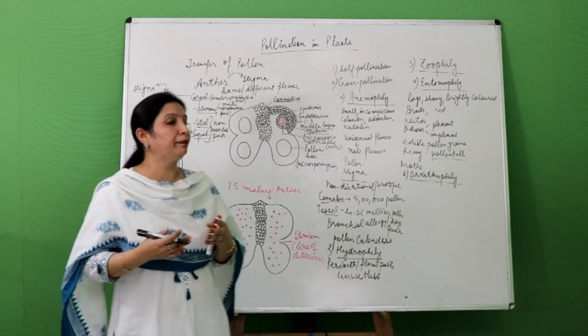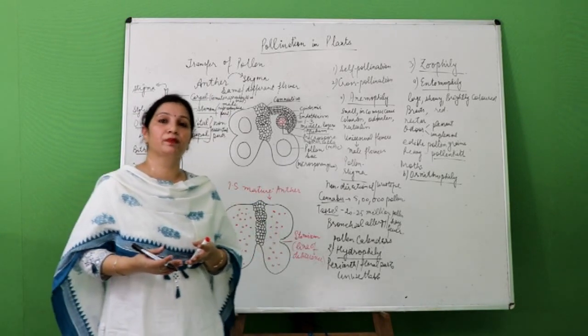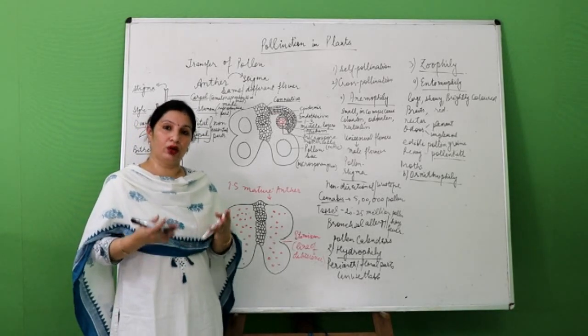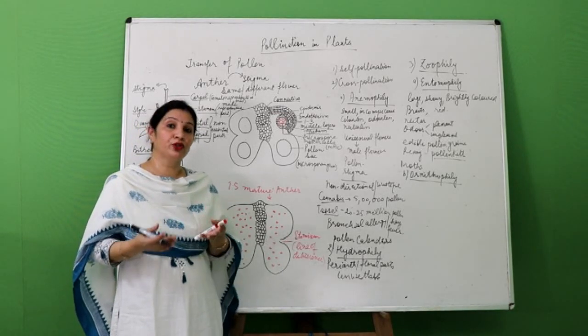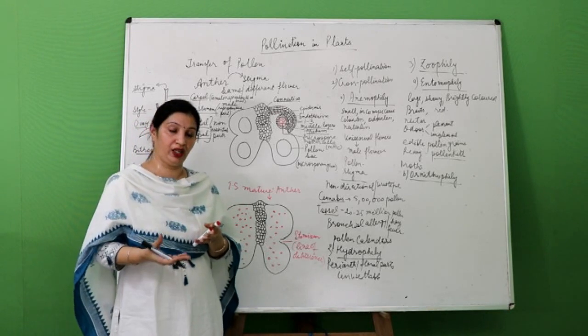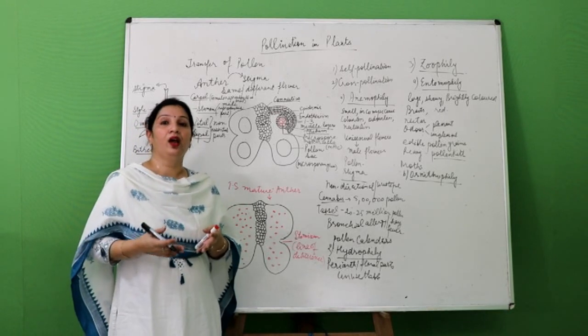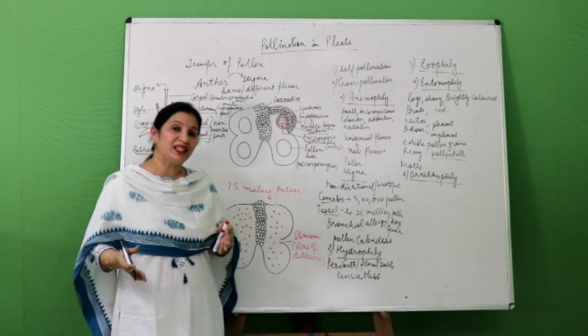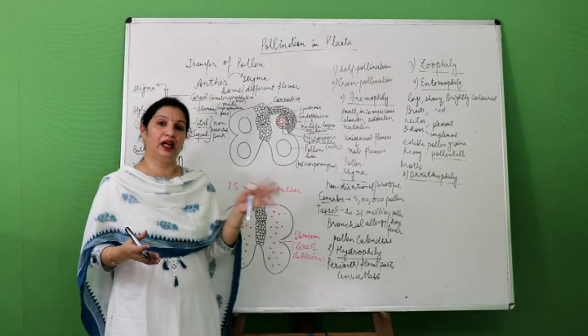The common plants in which this bird pollination occurs may include Bombax, the silk cotton tree, or Butea monosperma, the common palash tree, or Erythrina, or Callistemon, which is commonly called bottle brush. So in all these flowers, bird pollination occurs.